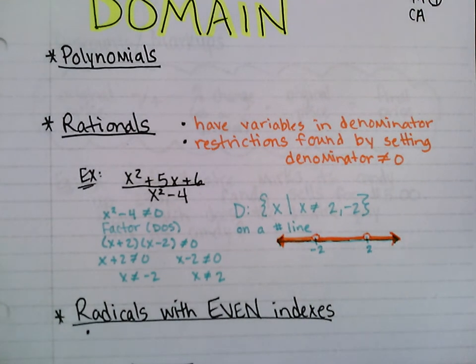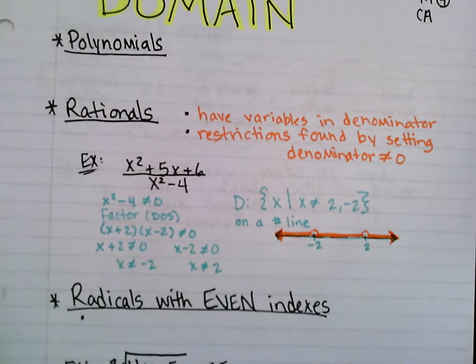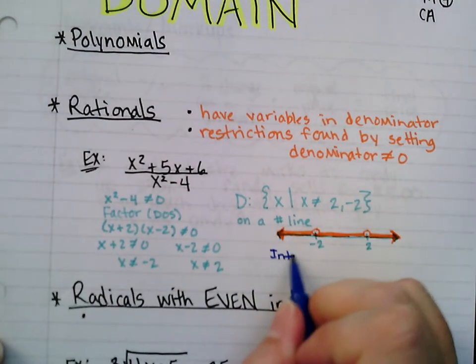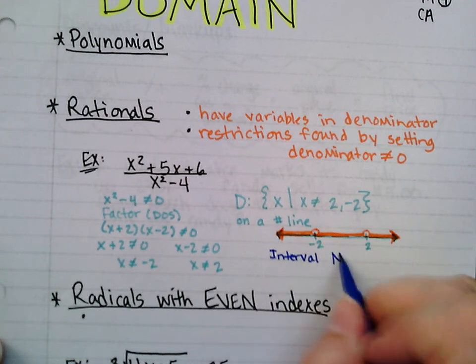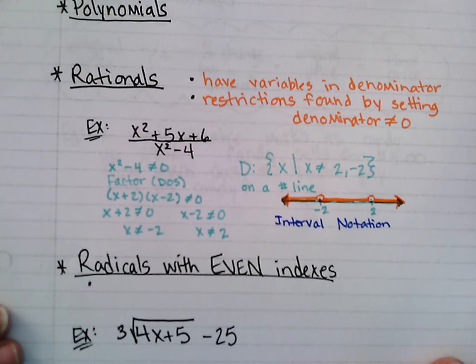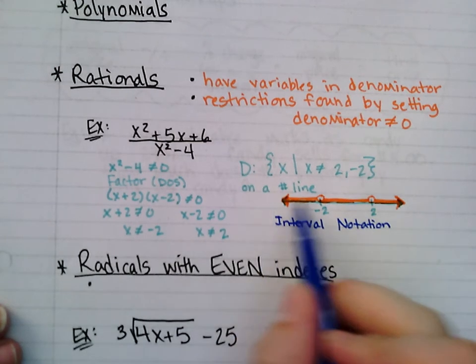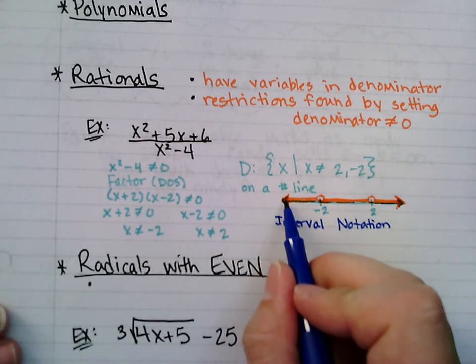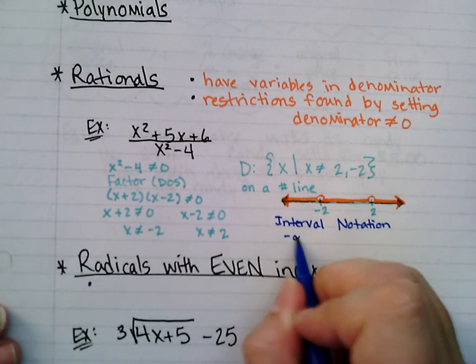In interval notation, we are going to read from left to right. So as I go left to right on this number line, the first important number is negative infinity.